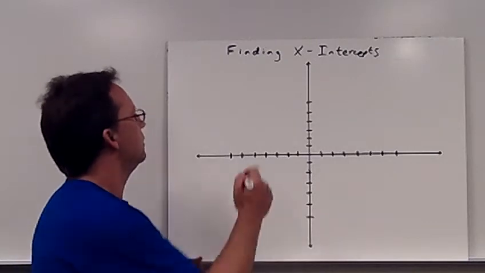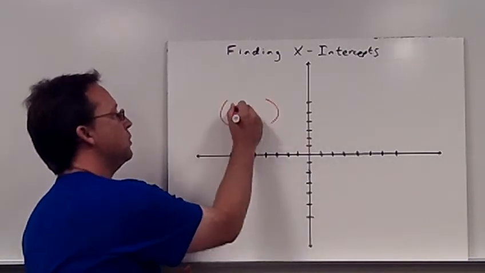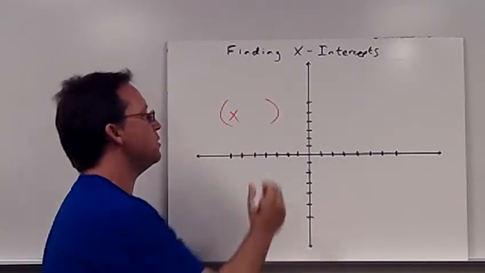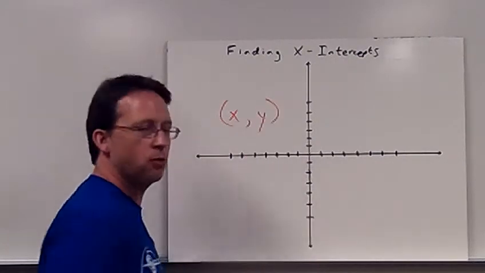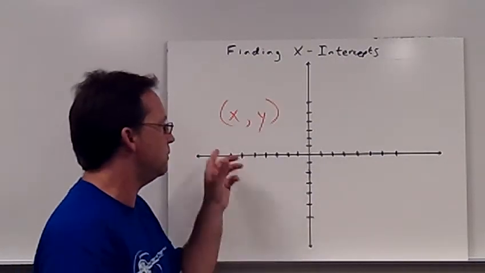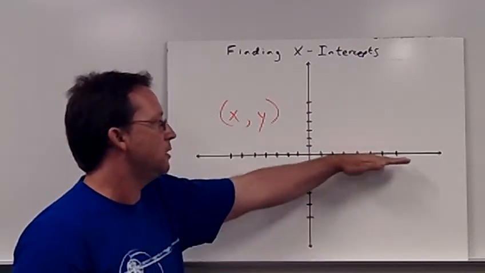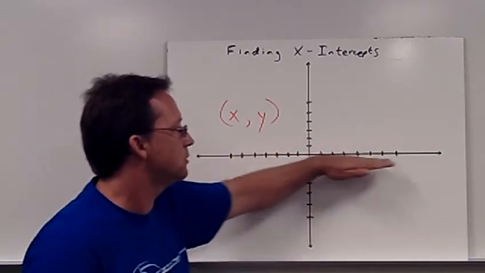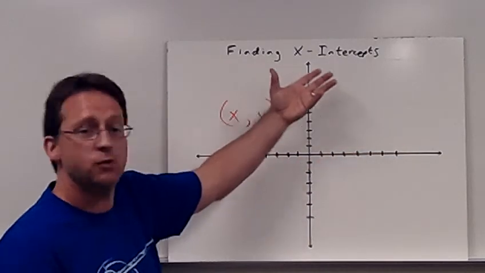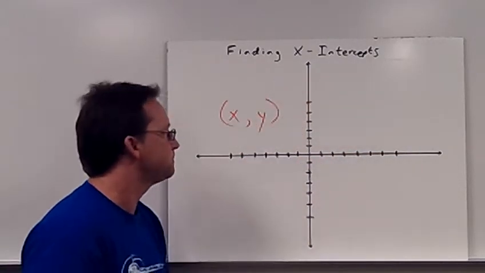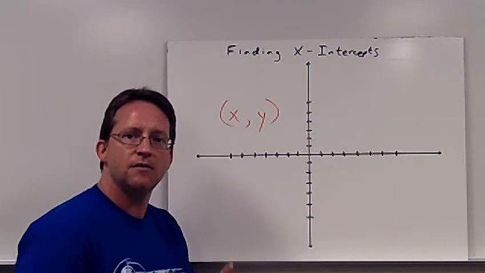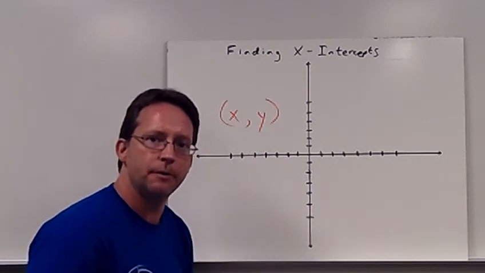In other words, what's the x-coordinate of the point that you picked, and what's the y-coordinate? All right, so do that now. And if you need to pause, go ahead and pause. Come up with some point on the x-axis, because that's what an x-intercept is. You've got your x-coordinate, you've got your y-coordinate.